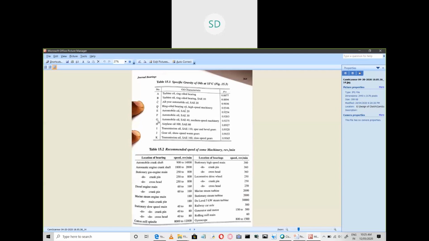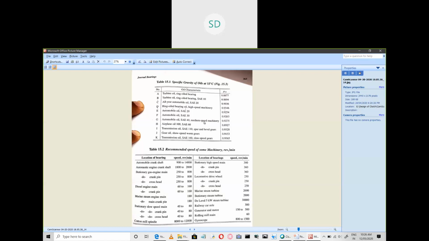Now look here, this is a table. How did you get the G type of oil? The specific gravity of oil at 15 degrees Celsius, this is for reference of figure number 15.3. Here you are getting different types of oils: A, B, C, D, E, F, G, H, I, J, K.